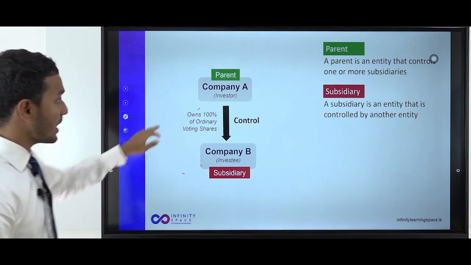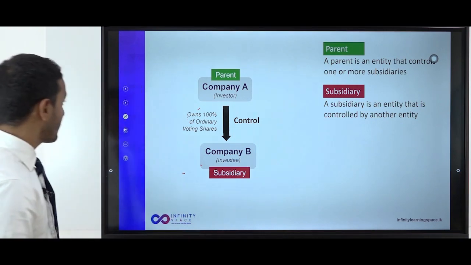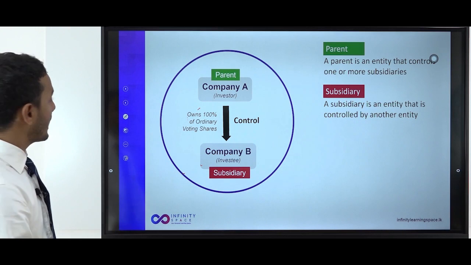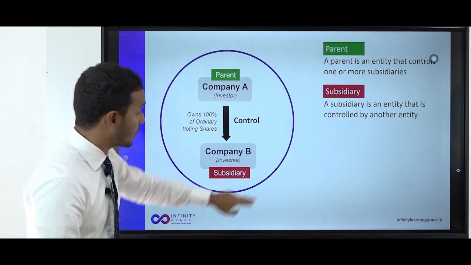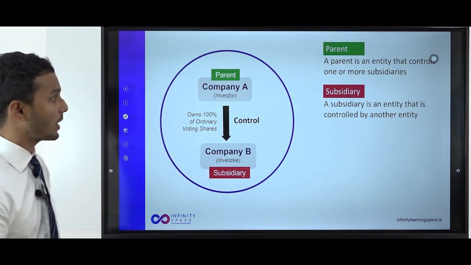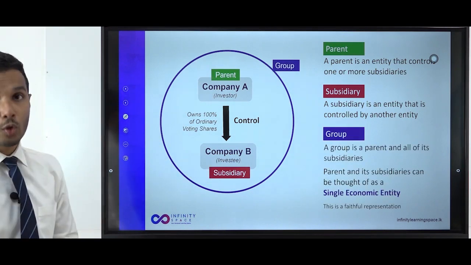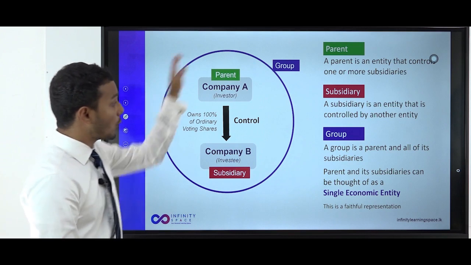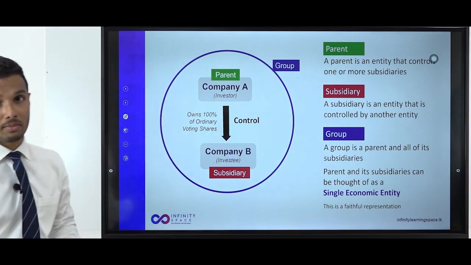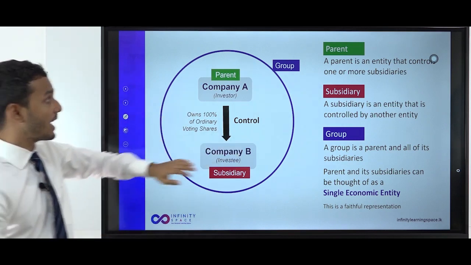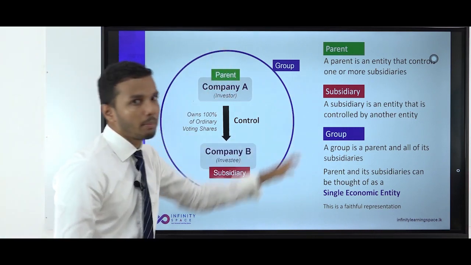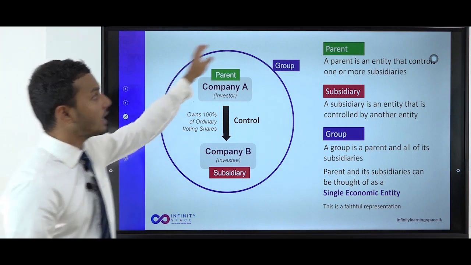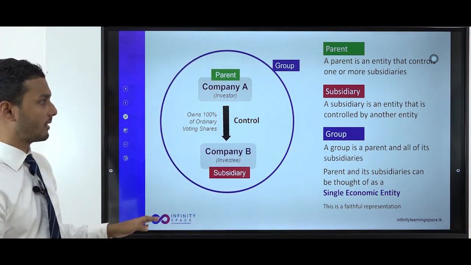And then when you consider both of them together, the parent and the subsidiary together, we call that a group, right? So this group is an accounting concept, right? Legally speaking, there is a company here, there is a company here, and there is no legal company called the group. It's just an accounting concept that we are going to create, right?